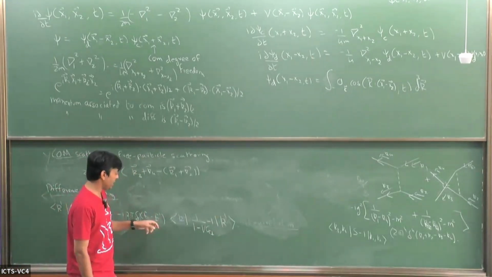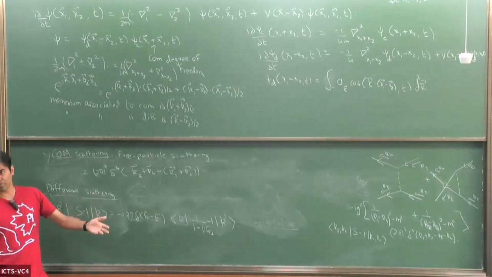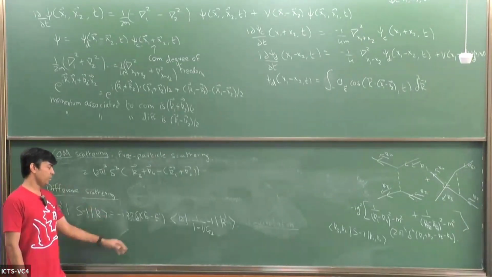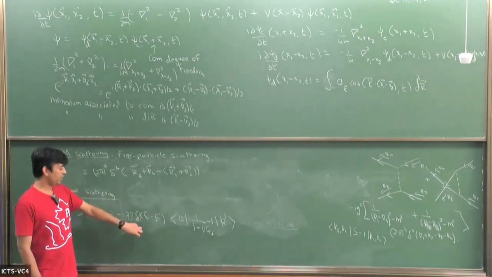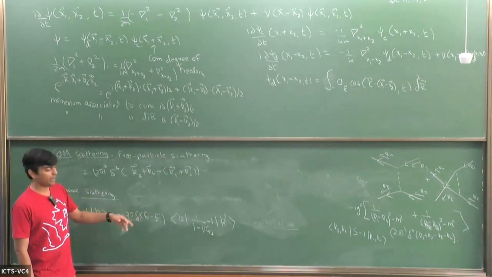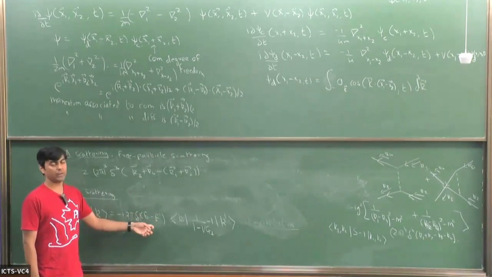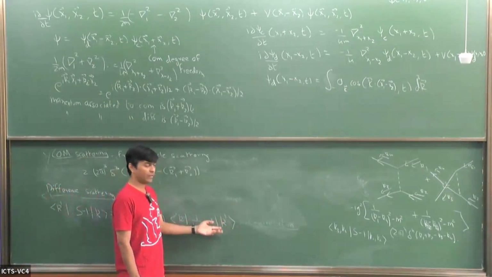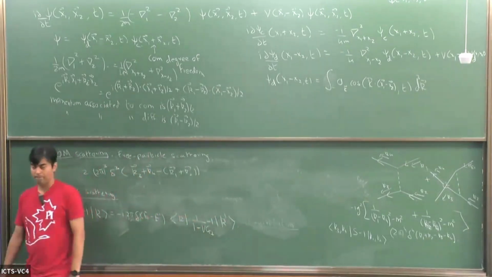So you do get a delta function if you do this carefully. Are you all familiar with this formula? You're familiar with some version of it. I'm not sure how carefully this is always done, but if you want, go look at Sakurai, and it'll explain this. So there is a delta function in the S matrix that corresponds to scattering with energy conservation, and then you get some other bunch of terms which you have to evaluate between the momentum eigenstates, and that's what gives you the scattering amplitude.